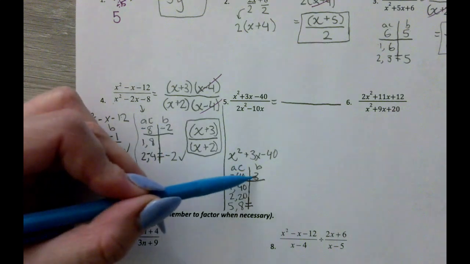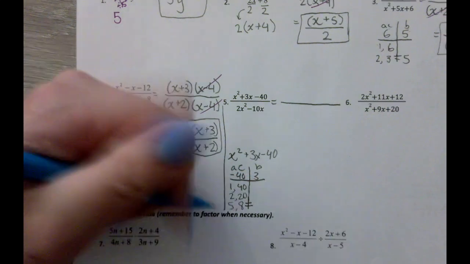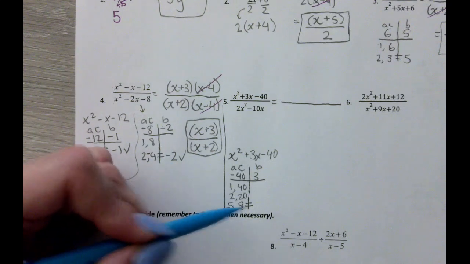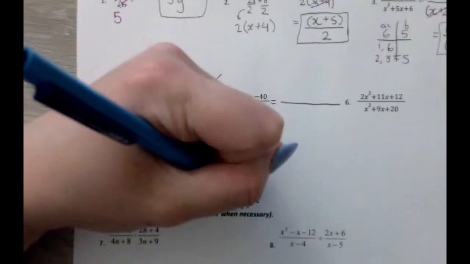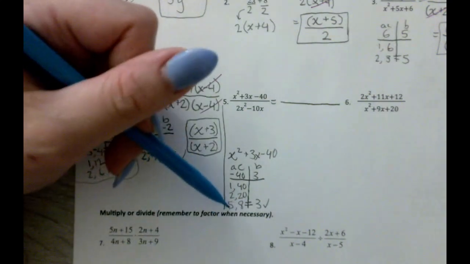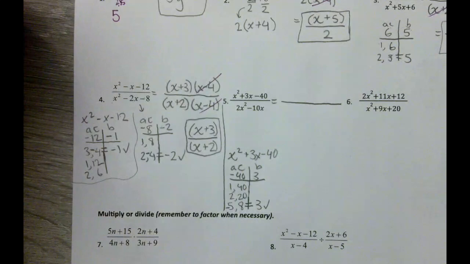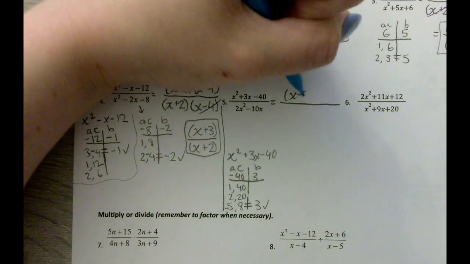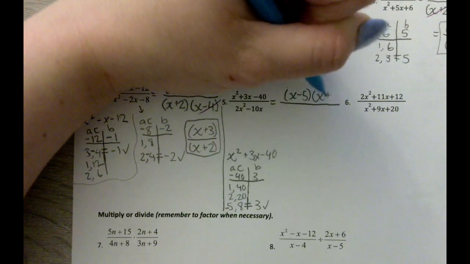We want a positive 3, so 8 has to be positive. So 5 will get the negative. 8 minus 5, or -5 plus 8, is positive 3. And then when I multiply, I still get a -40. So on the top, I have x minus 5, x plus 8.